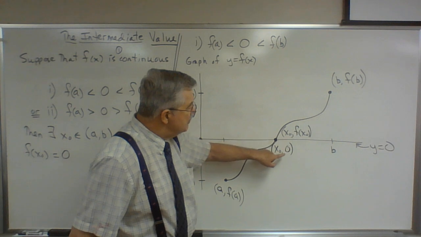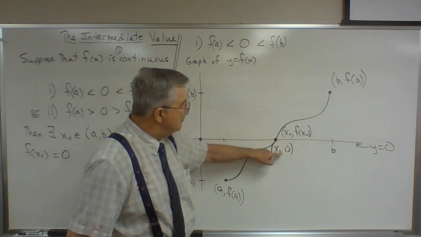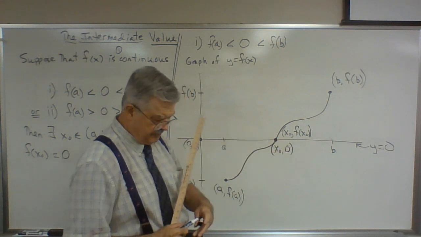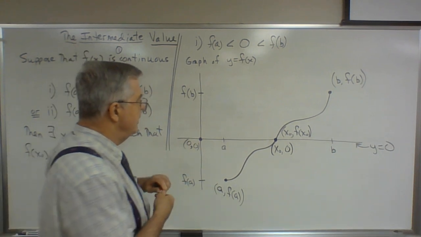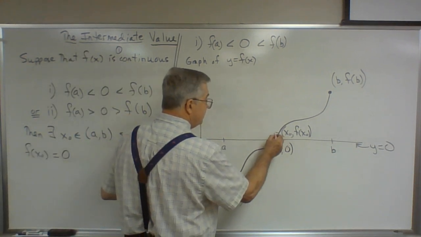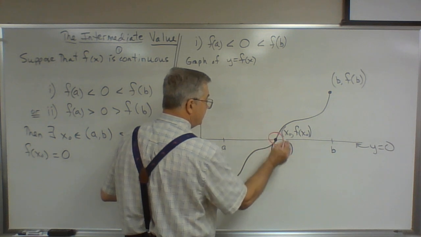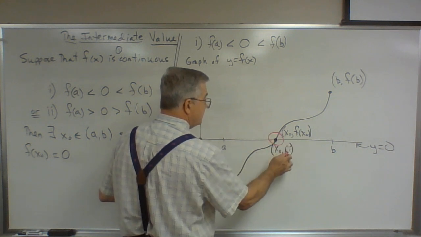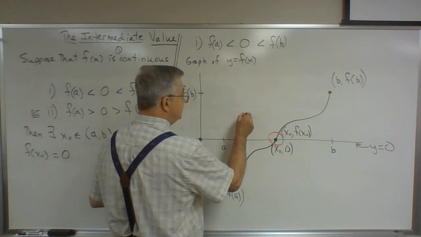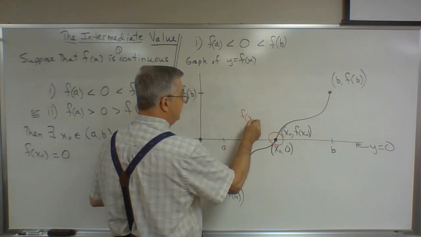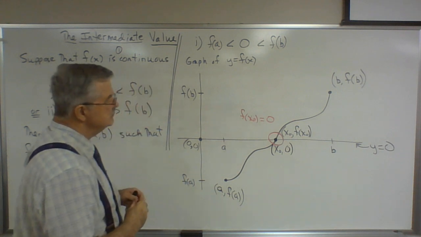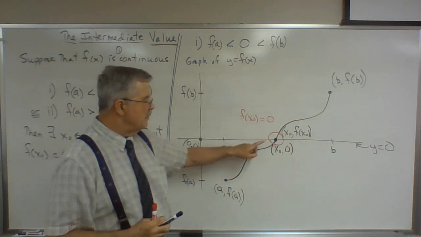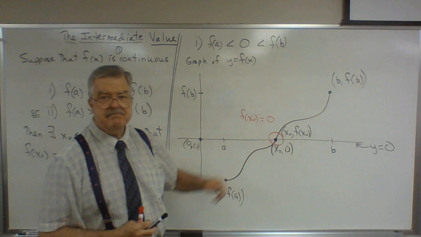These 2 points are one and the same point, right here. So what does that mean? Right here at this point, f of x naught and 0 are one and the same. Right at that point.